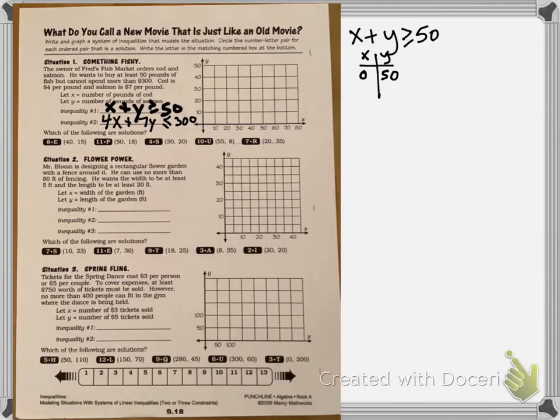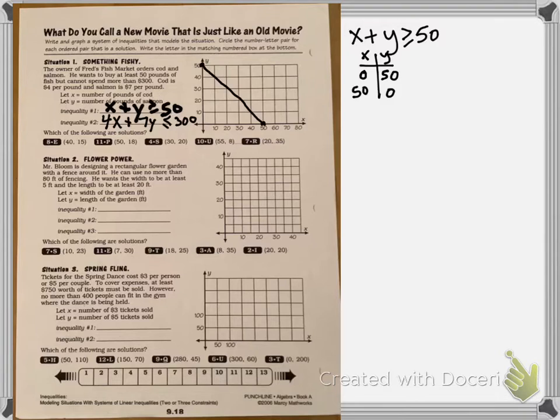For my x-intercept, I'm going to plug in y is 0, and when I do that, I get 50 for the x. So I'm going to put a point at 0, 50 and a point at 50, 0. And it is greater than or equal to, so it is a solid line.